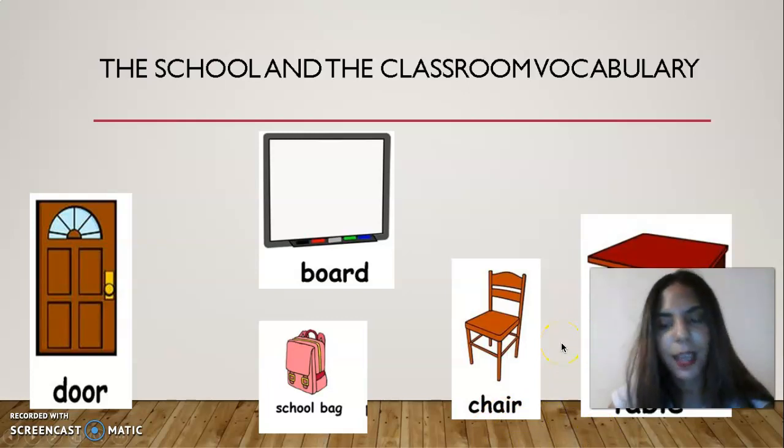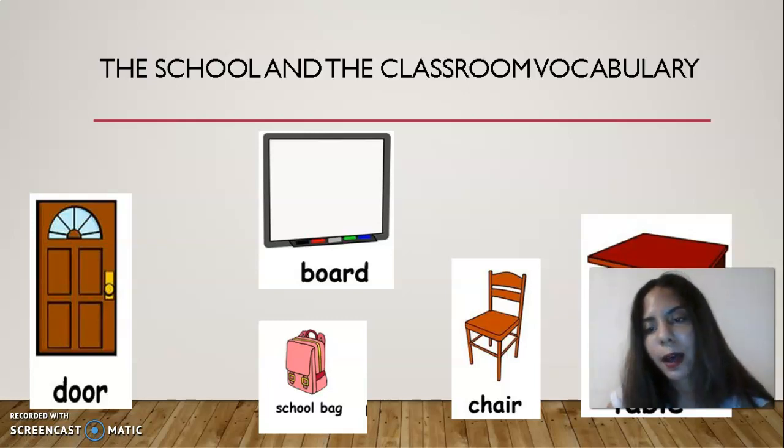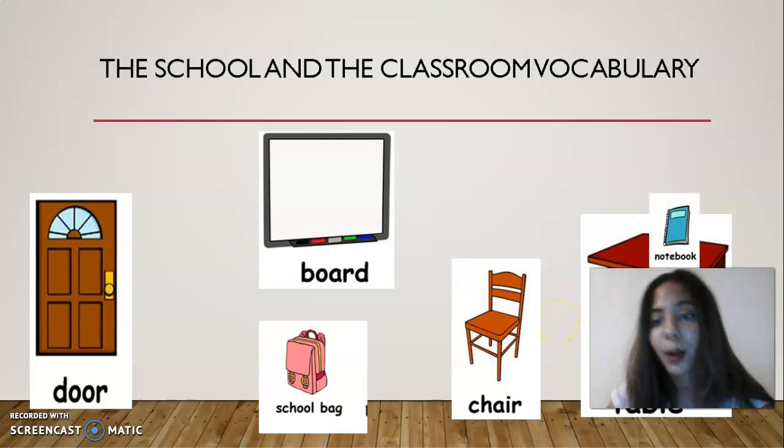Okay, perfect. Now we're going to see another part of the materials or objects that we can see in our classroom. Okay, so we have a notebook. Sorry, we have a notebook. The notebook is on the table.